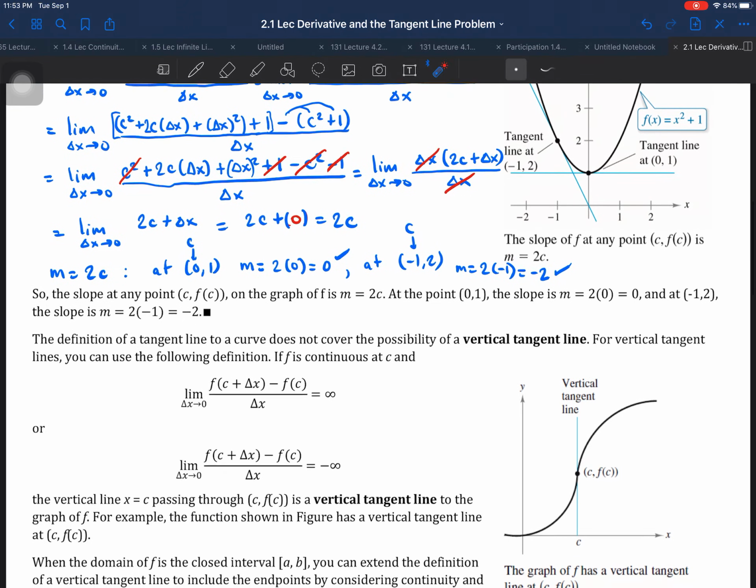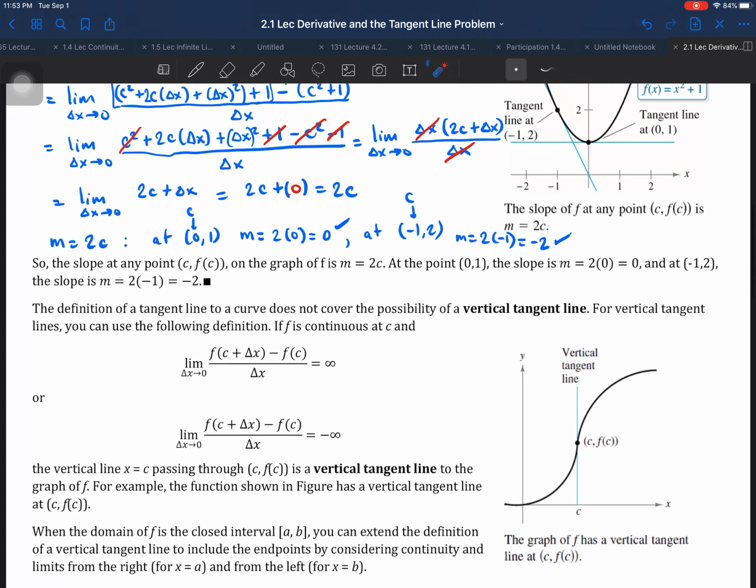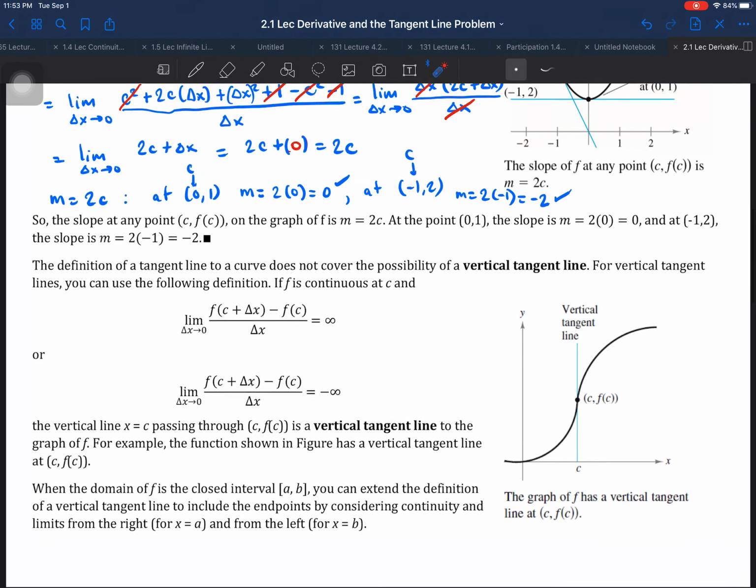Now, we could also have other different types of results, because remember that what we're actually finding is the slope. Remember that in some graphs, at that point, the tangent line happens to be vertical.